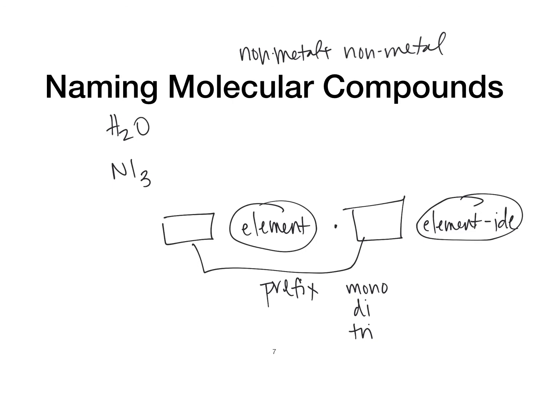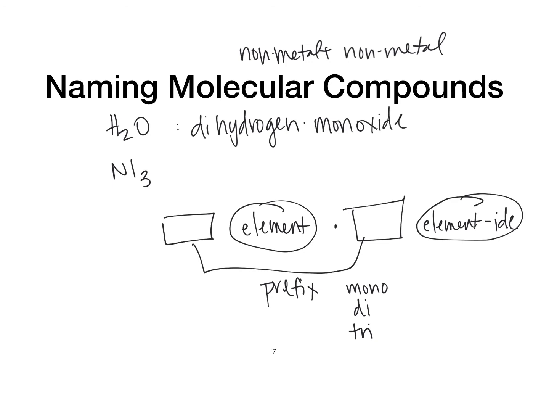The element behaving as the cation goes by the element name. The element going as the anion is named similarly to an ionic compound. For the chemical we routinely call water, if you were to give it its given name, it would be dihydrogen, meaning 2 hydrogen, monoxide.